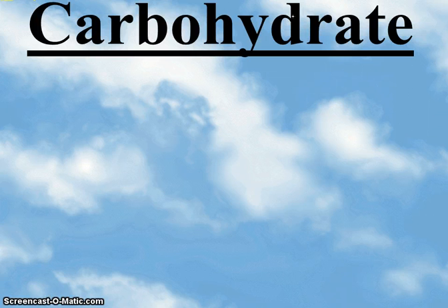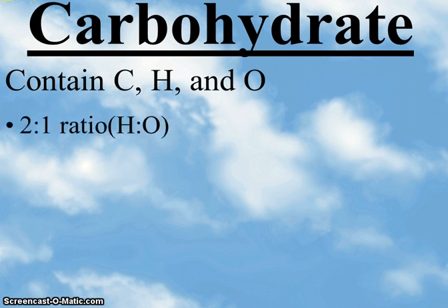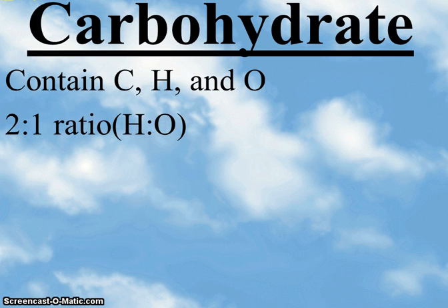So carbohydrates contain carbon, hydrogen, and oxygen. And again, carbon and water, which contains hydrogen and oxygen. And the ratio of hydrogen to oxygen in water is the same as the ratio in carbohydrates. So in carbohydrates, the ratio of hydrogen to oxygen is a 2-to-1 ratio.